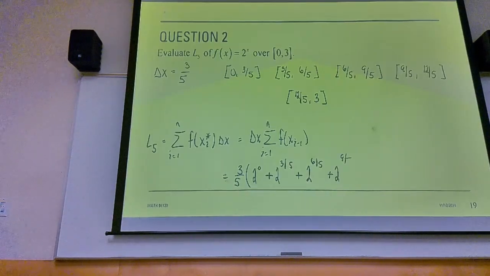And fifth, 12 over 5. Only one of those has a nice value. That's 2 to the 0. That would be your exact value.